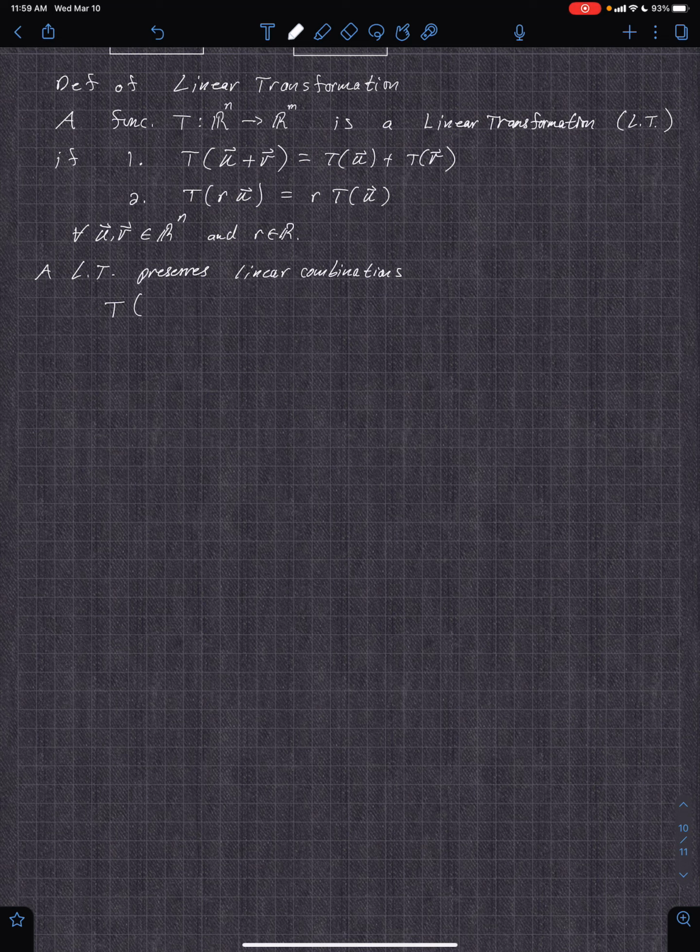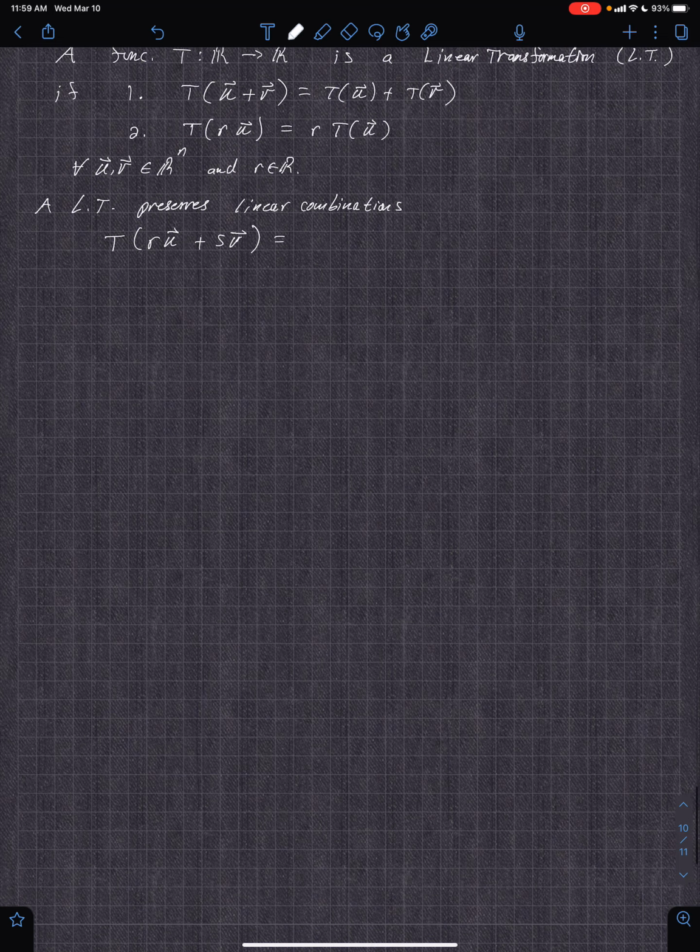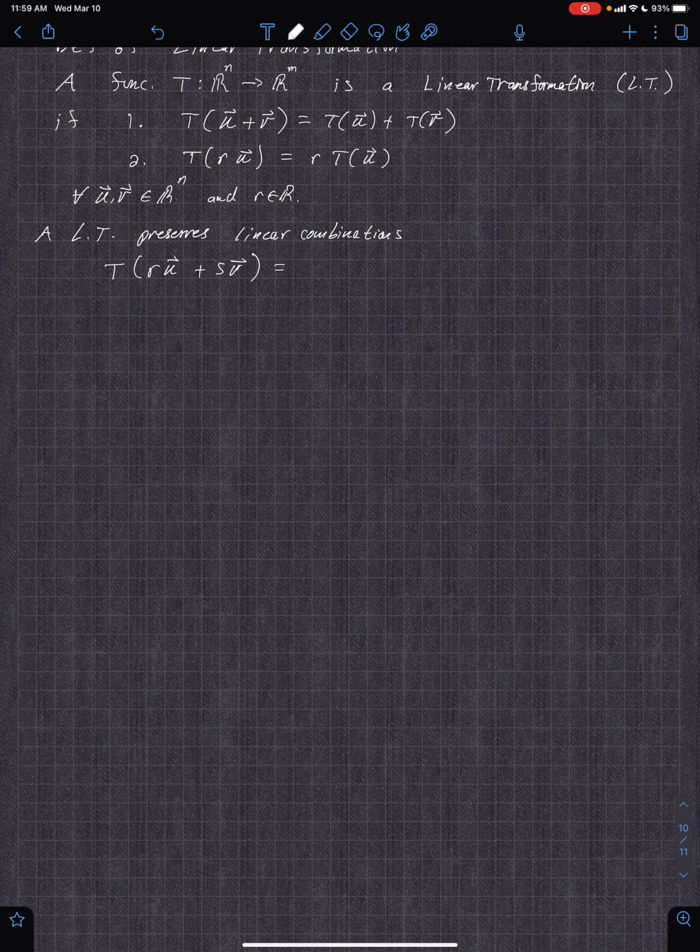You just would be T of, so a linear combination of this form, applying both of those properties 1 and 2, you can factor out the r and then get T of u plus s T of v. So that would be a linear combination here, and then you can do this to it. So linear combinations are preserved for this transformation. Okay.